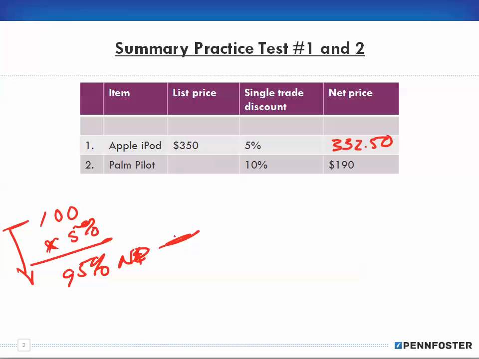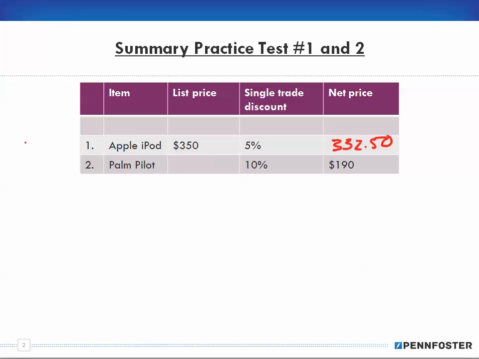If I start out at the net price and I go towards the list price, what I want to do is I want to divide, okay? So if I have 190 and I know that my discount is 10%, remember we're not looking at our discount amount, we're looking at our list price, so 100% minus 10% is 90%, so I'm going to divide by 90%.